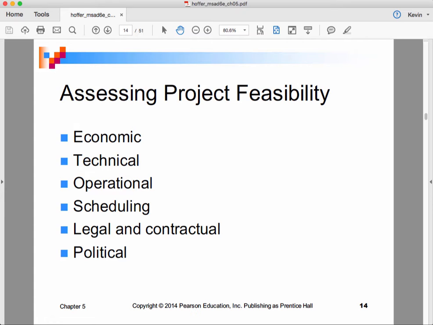Well, here we have a list: economic, technical, operational, scheduling, legal and contractual, political. Okay. If we feel that there's a roadblock to this being a successful project on any of these kind of axes, then we probably will stop and either try to correct that roadblock or we'll abandon the project.